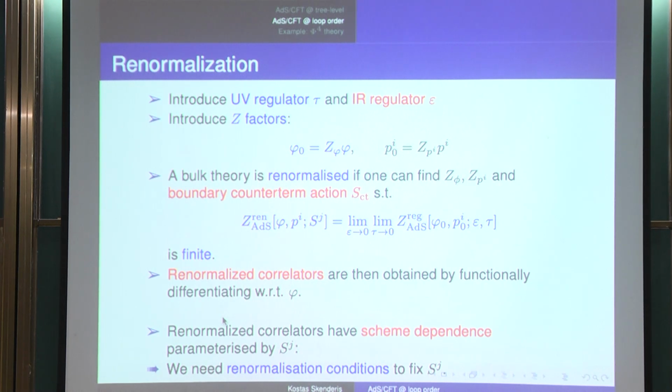This would automatically be finite because I cancel all infinities. The order of the limits might be important, so one has to be careful. The way we would do it is we would fix the IR cutoff, fix the UV counterterms, then adjust the boundary action, and then show that you can remove the limit.